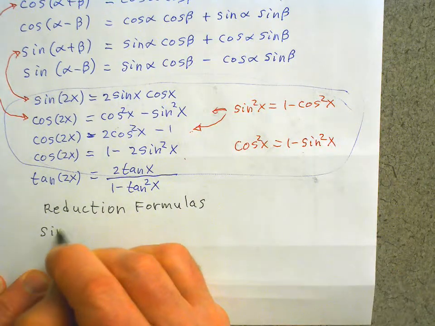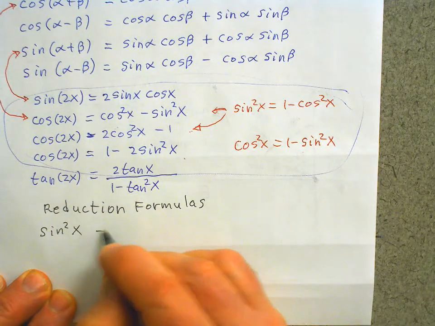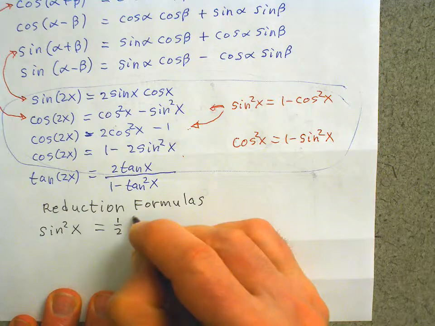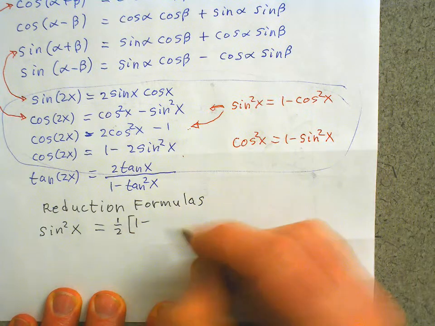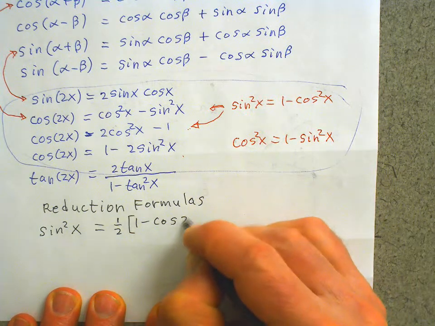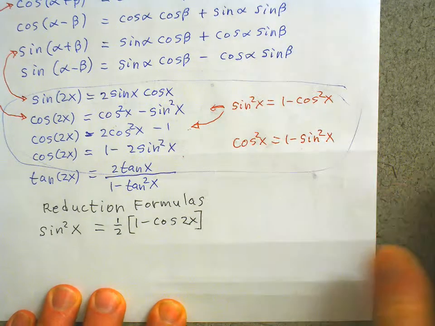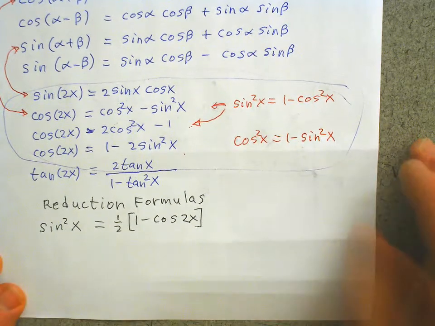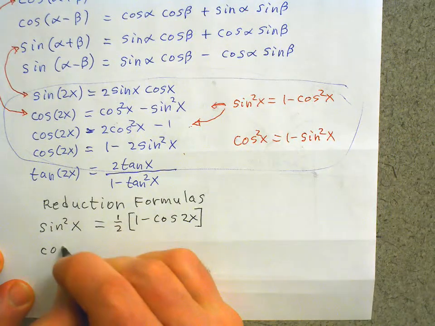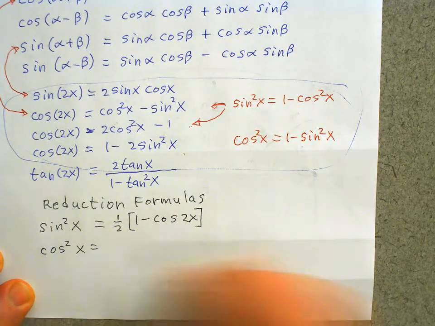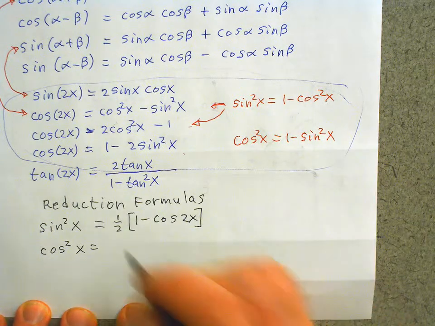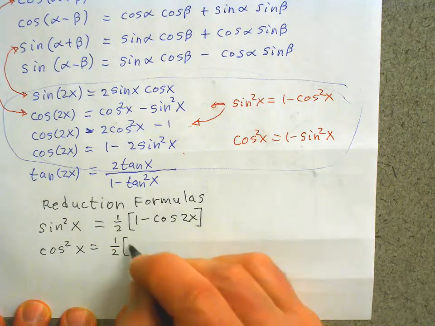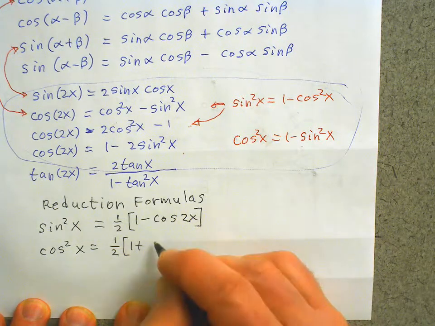Sine squared x is equal to 1/2 times the quantity 1 minus cosine of 2x. Cosine squared x, the reduction formula for that is 1/2 times the quantity 1 plus cosine of 2x.